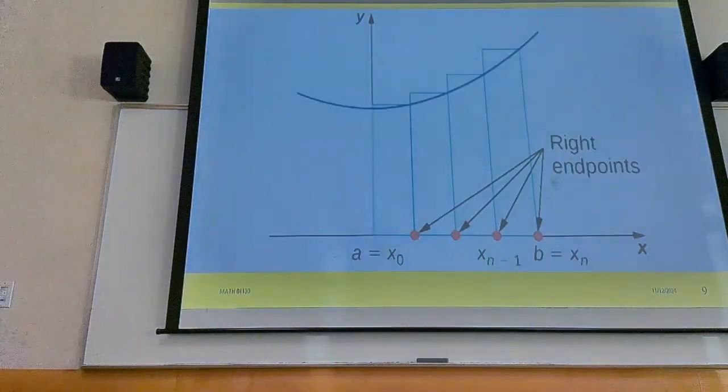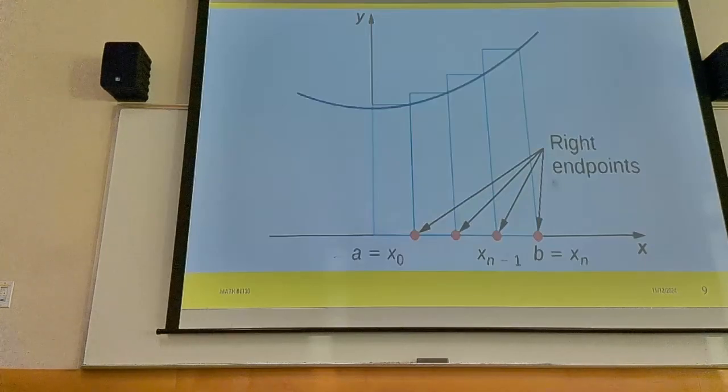So we've been approximating area. I'm just going to go back to here real quick. As you can see, in this example, that'd be an overestimate of the area.